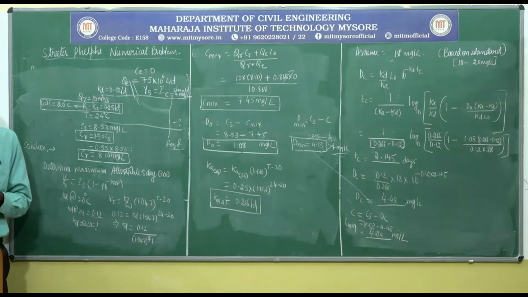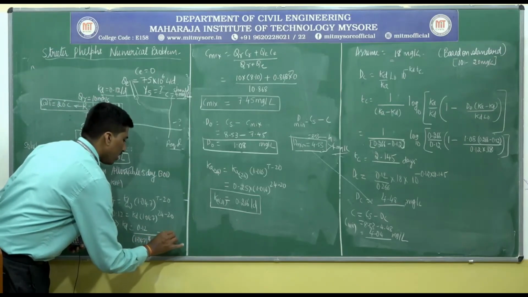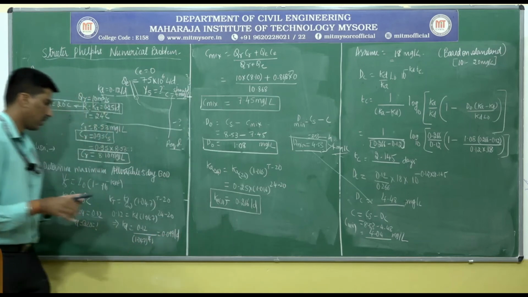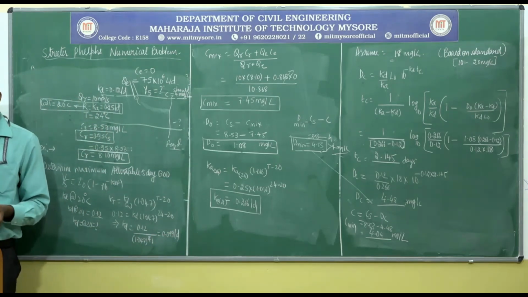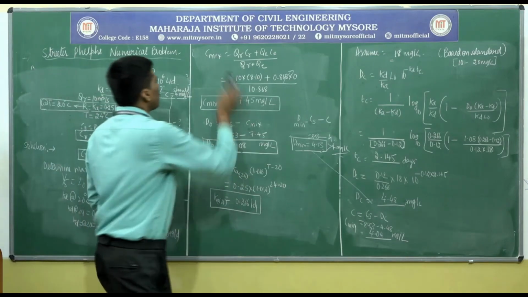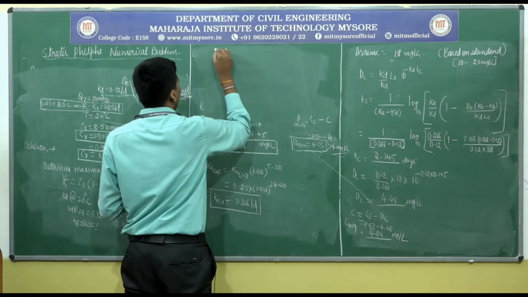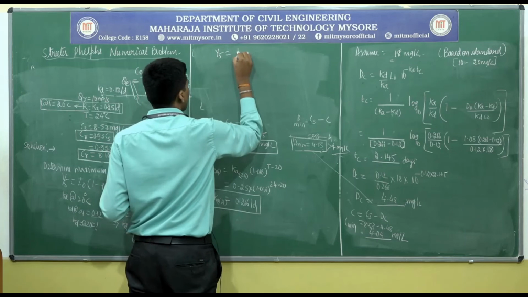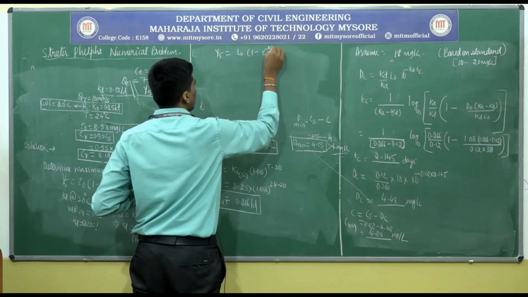So 0.099 per day. Okay, KD I know. I need to calculate the BOD concentration. Let us get to know. So Y_t is equal to L0 into 1 minus 10 raised to minus KD into t.